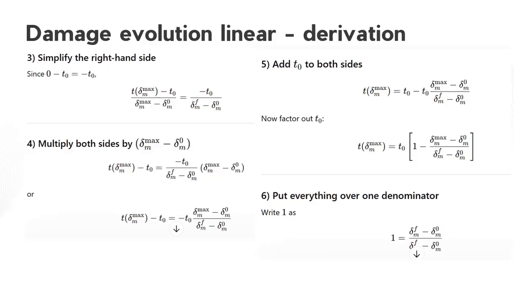So what we can do, there is 0 minus t0 is equal to minus t0, so we can do some adjustment, and we will multiply both sides with this term in the denominator.